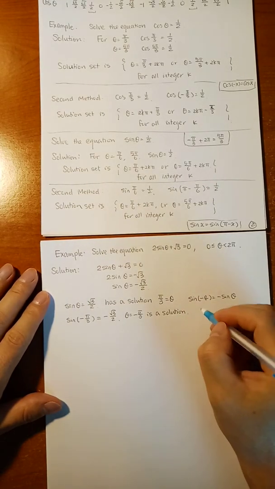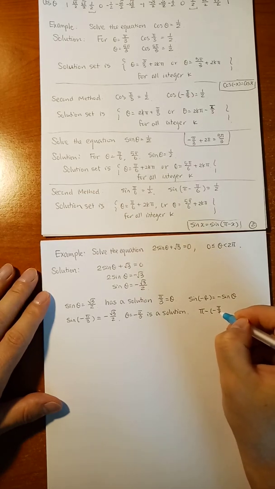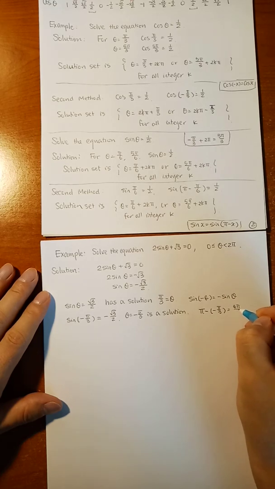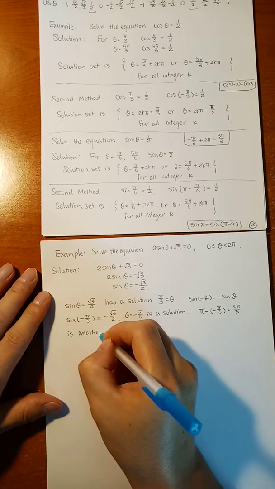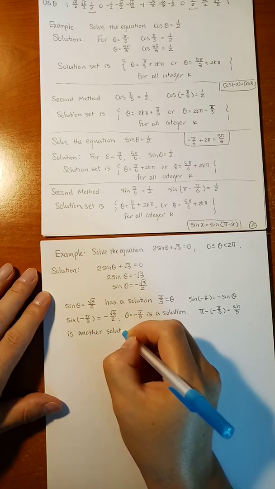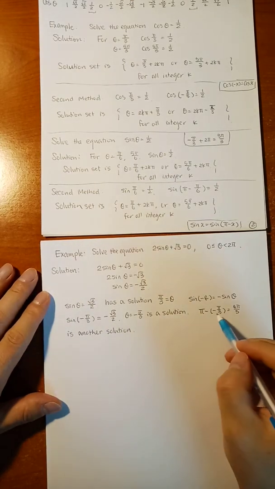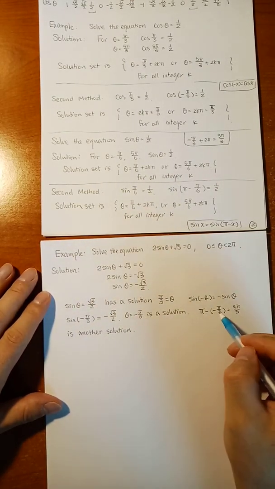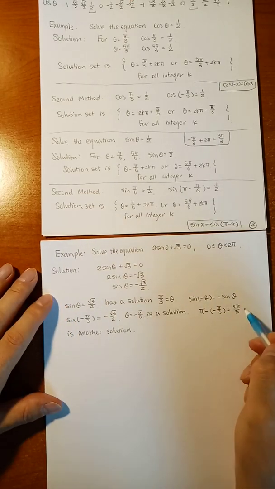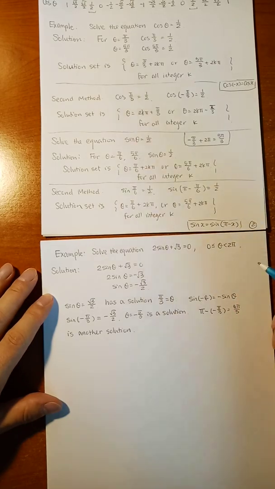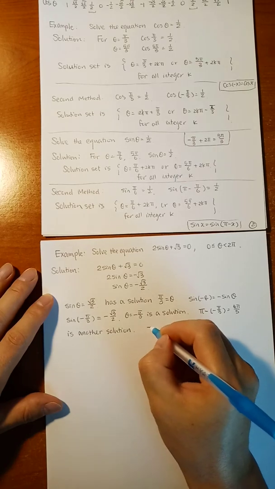Then remember that pi minus negative pi over 3, which is 4 pi over 3, is another solution. So whenever you have one solution, you use pi minus it, you will get another solution for sine. And this angle is already between 0 and 2 pi, so you don't have to handle it. But negative pi over 3 is not in it.